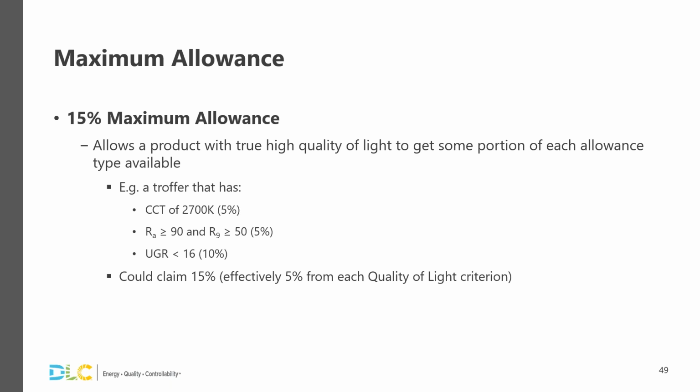Even though that UGR is worth 10, we can say that it's going to claim 5% from each, not the total 20, and it will only have to meet a minimum efficacy requirement 15% lower than listed in the applicable requirement, whether standard or premium.